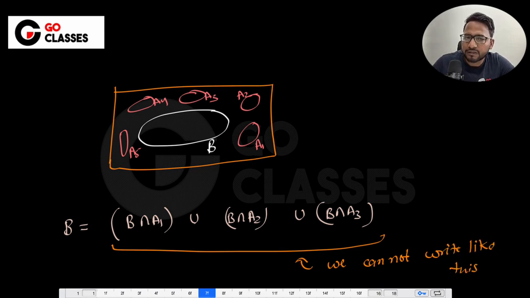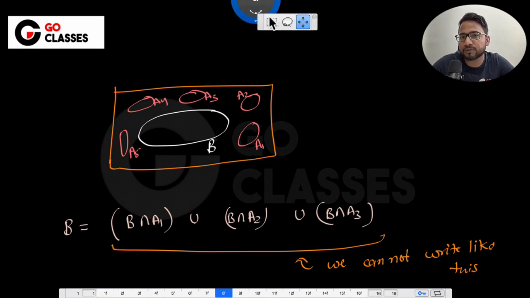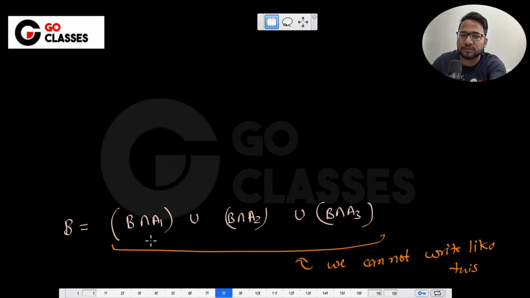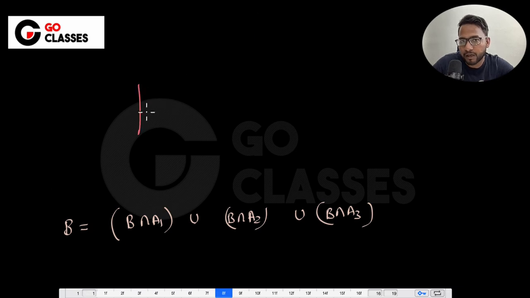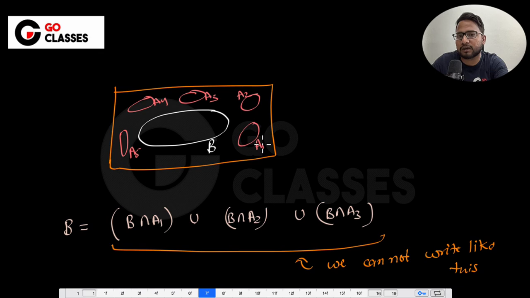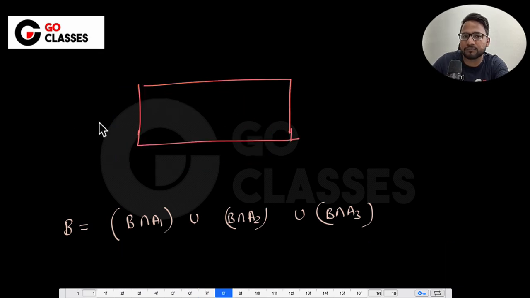Which means there should be something about these events such that you are able to write this, right? And what is that something? So basically you have one sample space, and then you have B and some other events also. You can write it, but there should be a special property about all of these events.